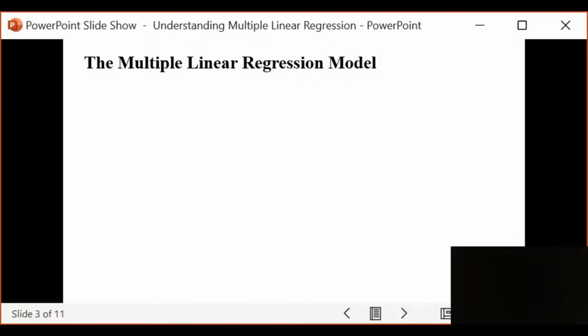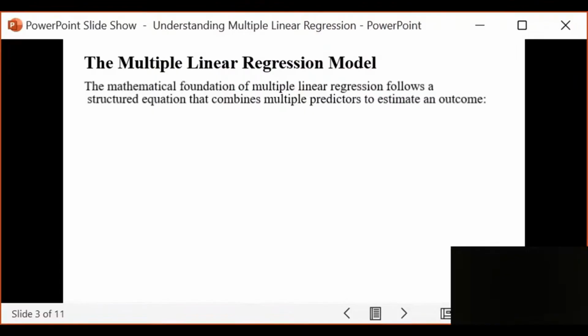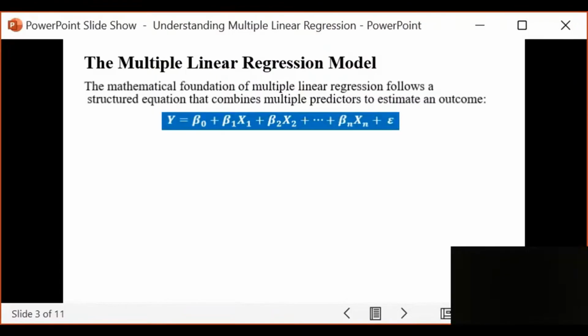Now that we have an idea of what MLR is, let's take a look at its mathematical foundation, or the model itself. So you can see here the equation for multiple linear regression. It may appear very intimidating at a glance, but let's try to break it down part by part.